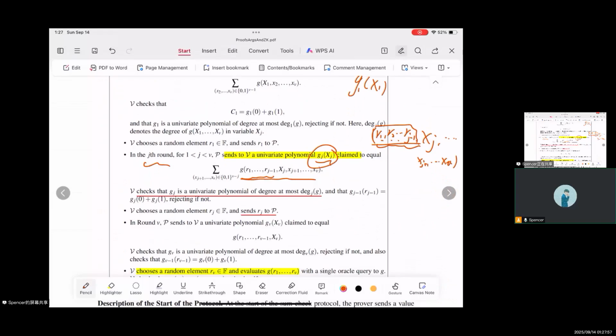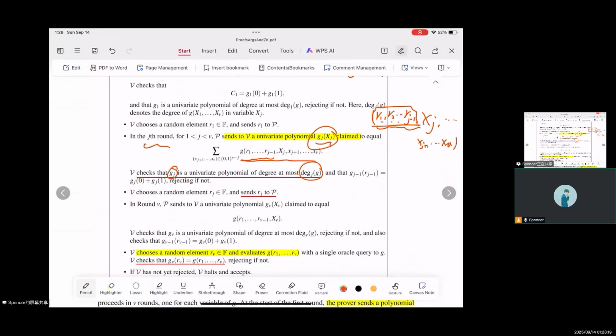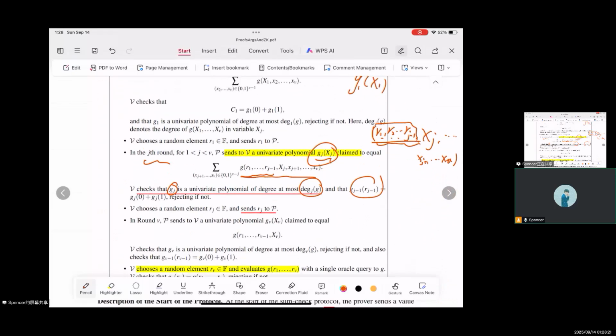And then after the verifier receives the claimed polynomial, the verifier checks that Gj is a univariate polynomial of degree at most, so it just ensures the degree of this univariate polynomial. And that G(j-1)(r(j-1)) should be equal to Gj(0) plus Gj(1).